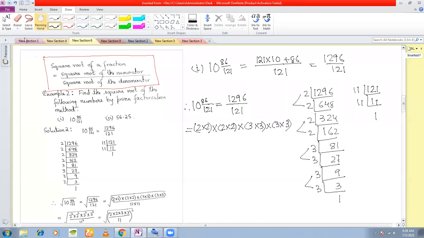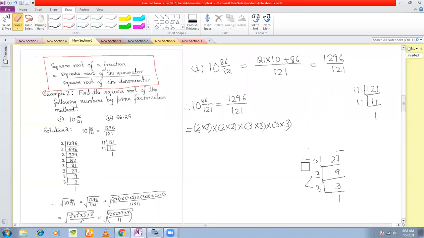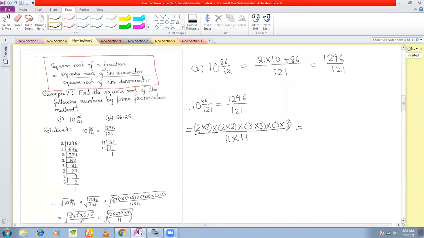Okay. So now we erase all this so that we have a little space to write. Next, we divide this by 121. Prime factorization of 121 is 11 into 11. Now we write it in terms of squares, right?